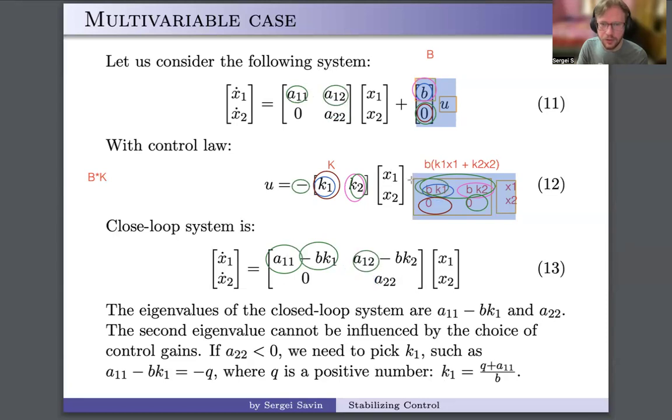A12 from here plus this guy, again minus from here. Right? So it is A11 minus BK1, A12 minus BK2. This zero is a combination of this zero and this zero, right? And A22 is a combination of A22 and this zero.